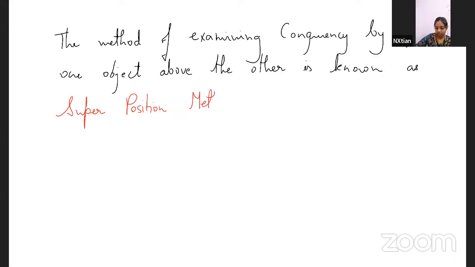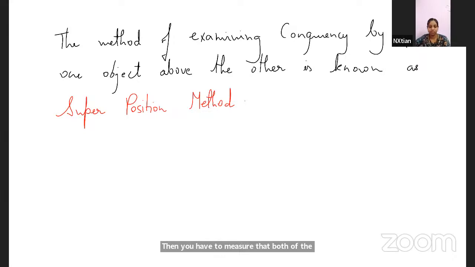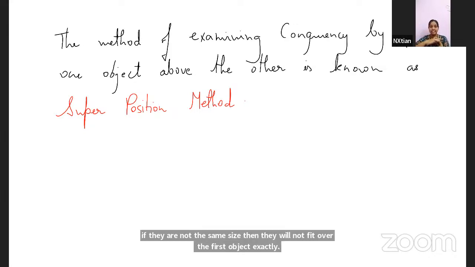Ma'am, then you would have to measure that both of the shapes have the same side length, the same size. Yes, both will have the same size. When you are placing one object above another, if they are not the same size, then the second object will not fit over the first object exactly.